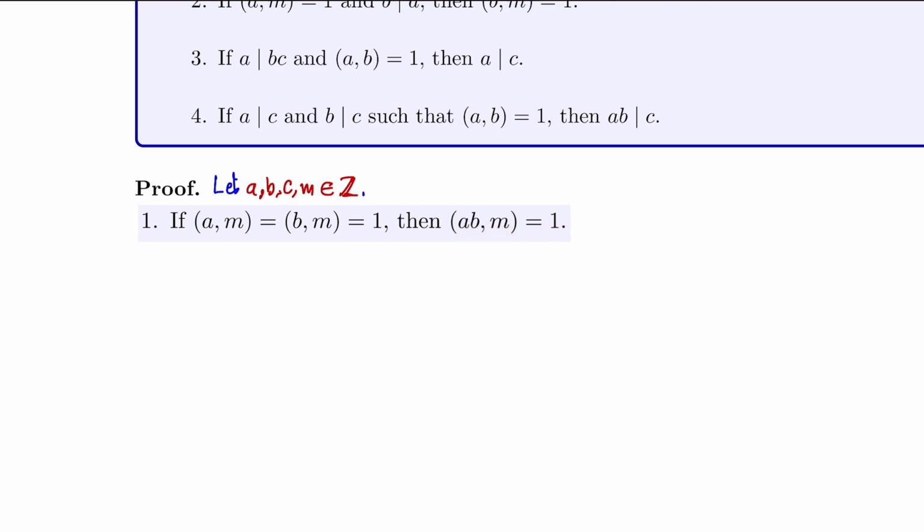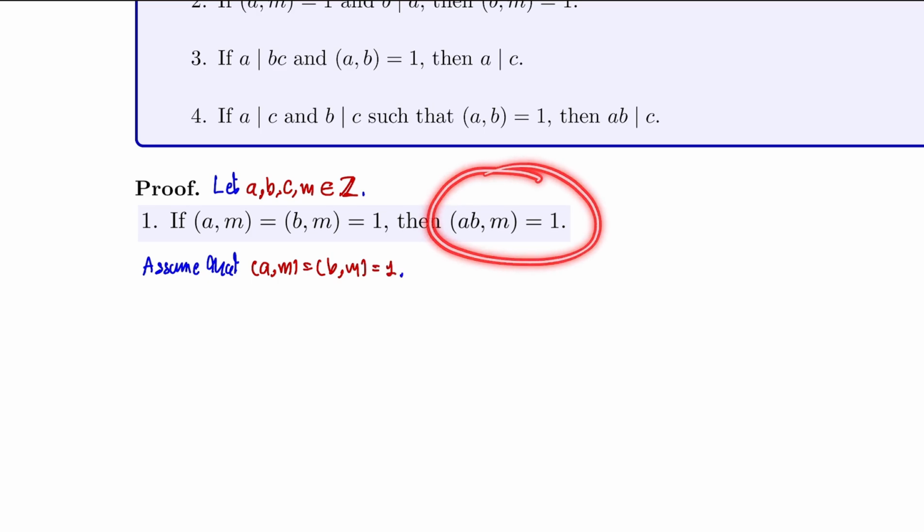So we have to assume that the greatest common divisor of a and m equals the greatest common divisor of b and m equals 1. Then try to show this one.